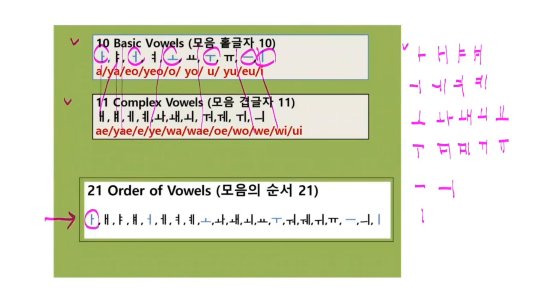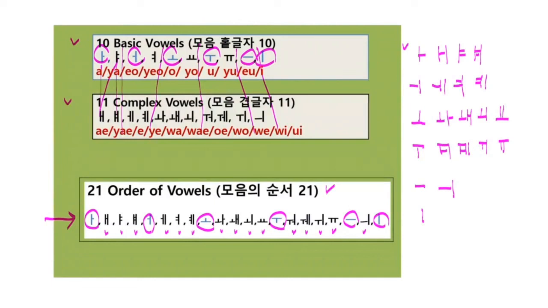A, E, Ya, Ye, O, E, Yo, Ye, O, Wa, We, You. U, Wo, We, You. U, E. Okay, good.